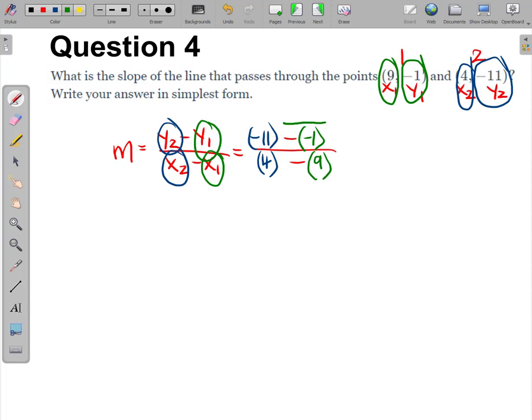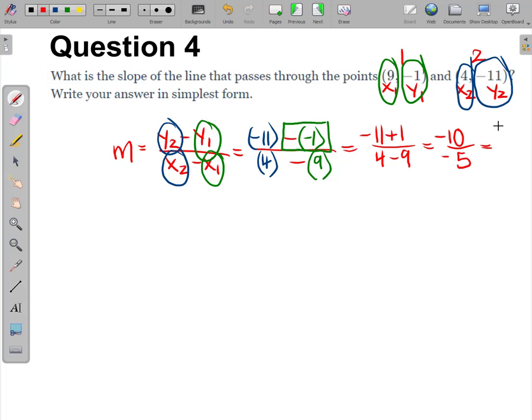There's something special that's going to happen right here, a -1 that's going to switch to addition. So in the next step, when I simplify, I'm going to write -11 plus 1. And then in the denominator, I'm going to do 4 minus 9. So -11 plus 1 is -10, and then 4 minus 9 is -5.